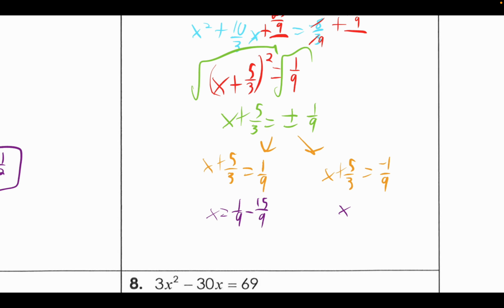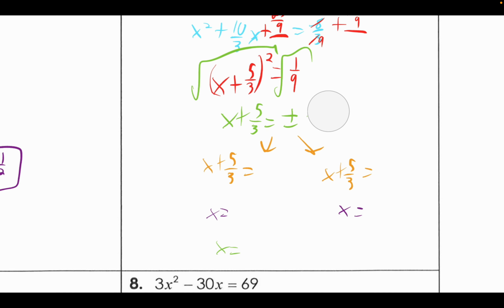And the other one ends up being x equals negative 1/9 minus 15 over 9. And combining these, we end up getting 14 over 9. I think I did something wrong here. Oh, silly me. I keep making mistakes here, and I apologize deeply for that.